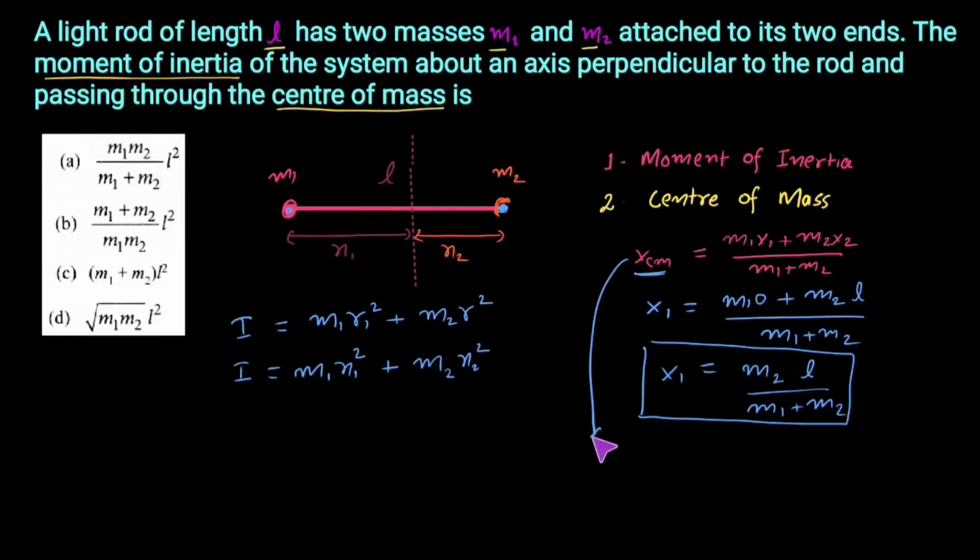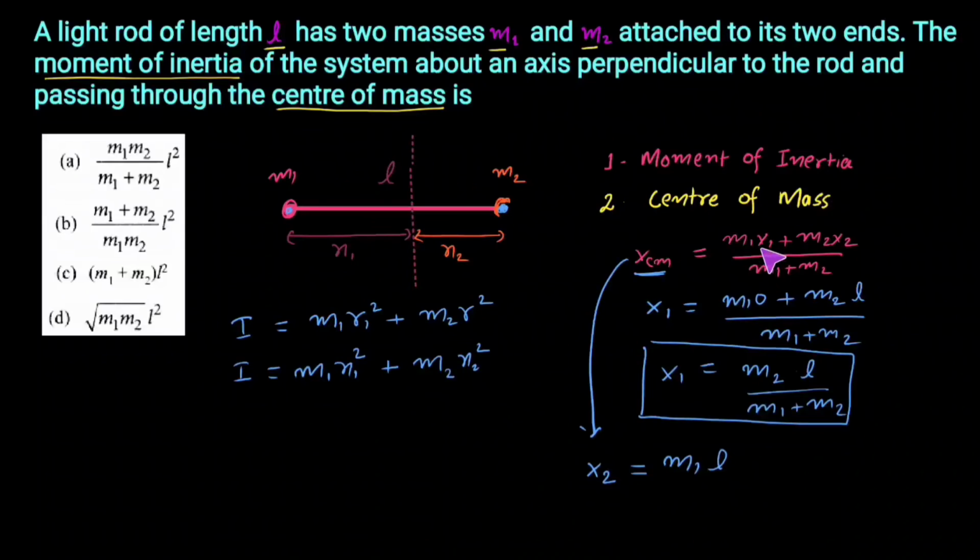If we apply this formula, assuming m2 to be our reference point, x2 is equal to m1 into x1. Here x1 is the distance of the first mass from our reference point. Because I have assumed m2 to be our reference point, the distance of m1 from our reference point is L, the total length of the rod.